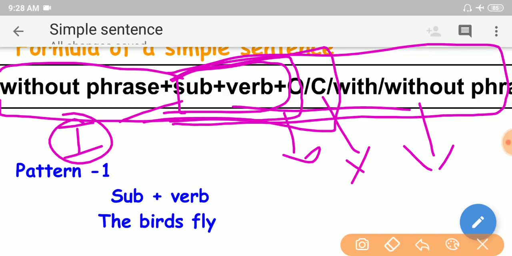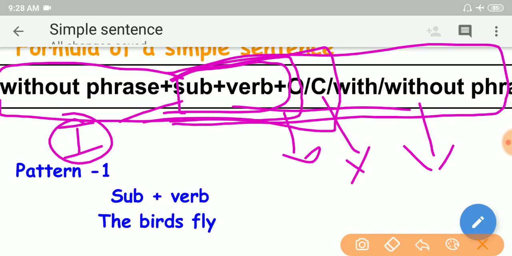So if you learn the art of writing this, your paragraph, your language gets much more improved. Okay, this is a simple sentence. So let us go and learn through formulas, my dear friends.